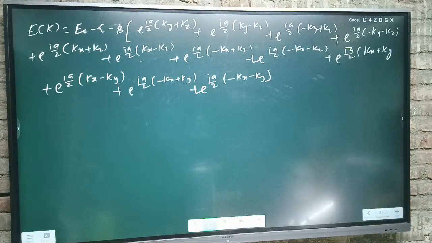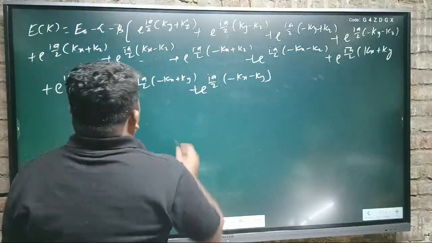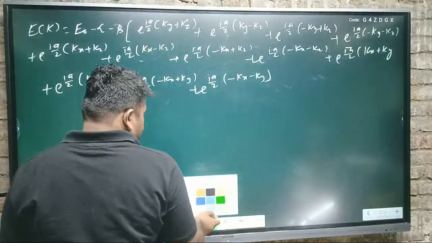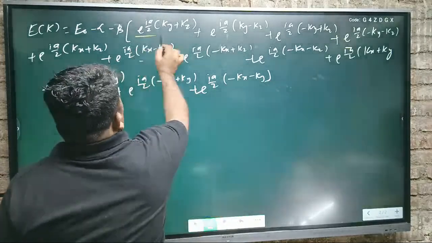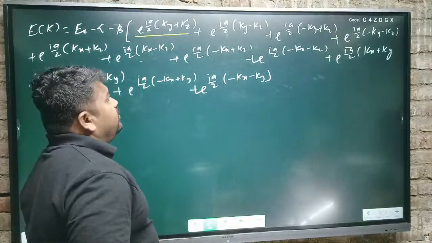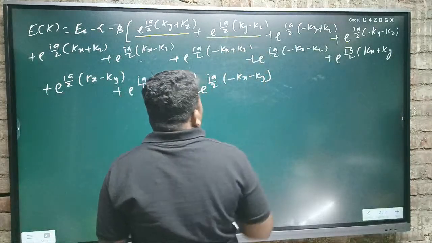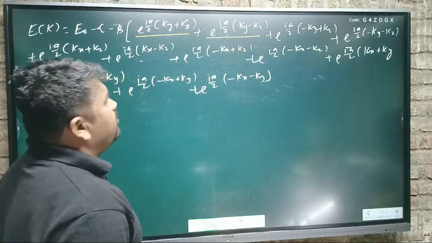Suppose first one. First term, see here, this is equal to how much? e to the power i a upon 2 (ky plus kz). And the second term is e to the power i a by 2 (ky minus kz).